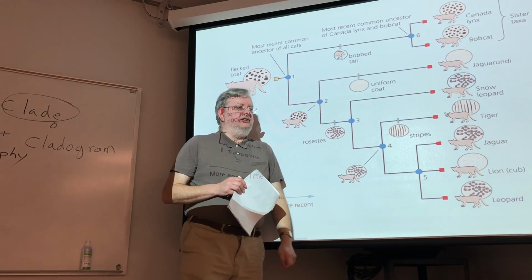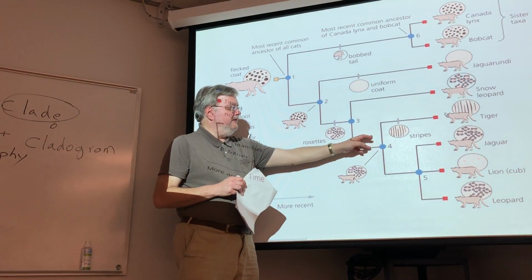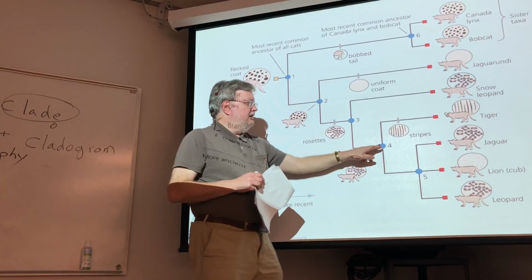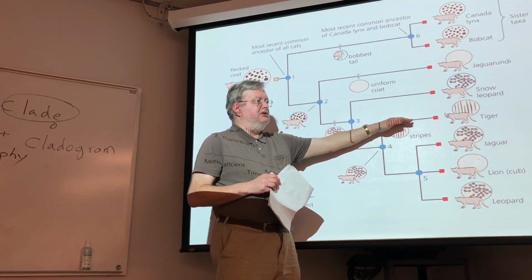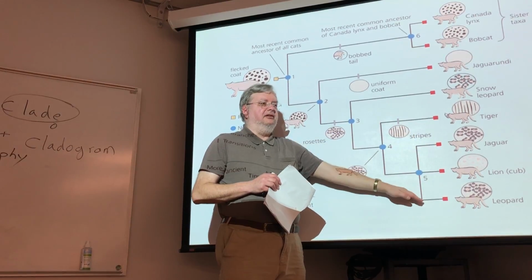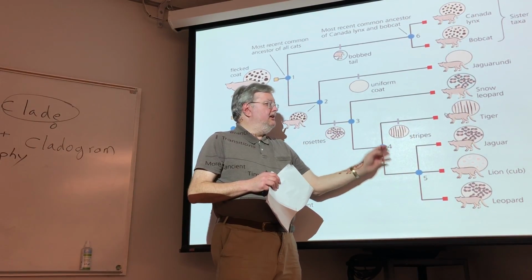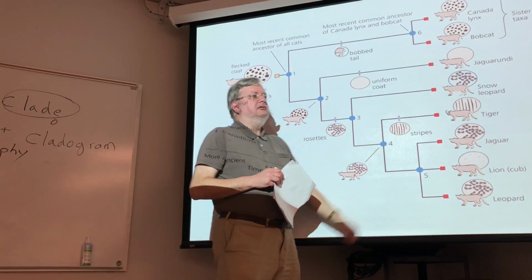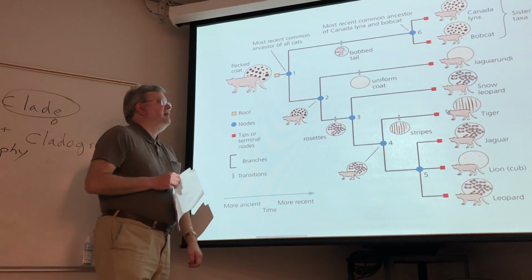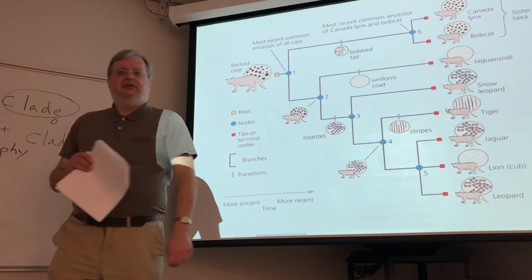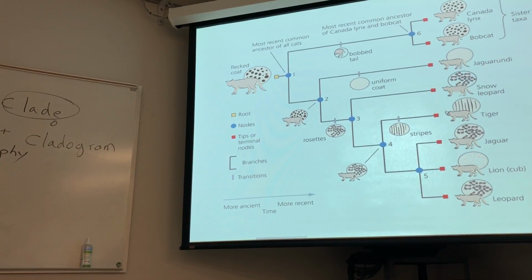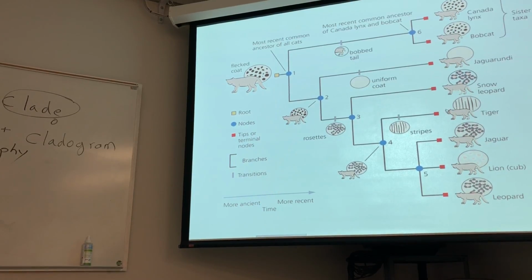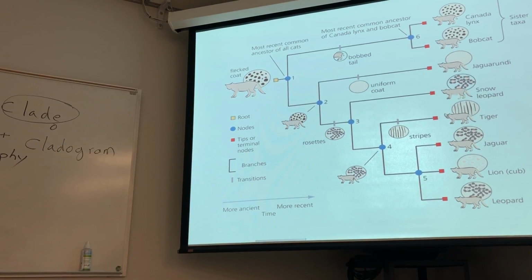We can show that in an illustration over here. Stripes are an apomorphy from 4, and stripes distinguish them from the most closely related cats. So it's a synapomorphy of this group. So a synapomorphy has to be unique to the particular taxon or clade we're looking at and has to distinguish it from the group to which it is compared.